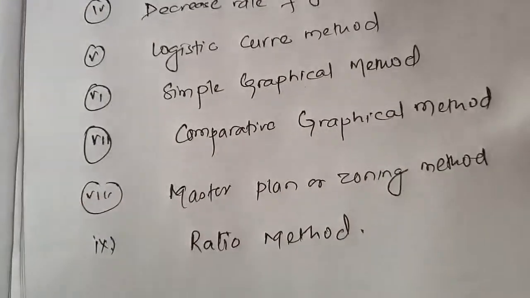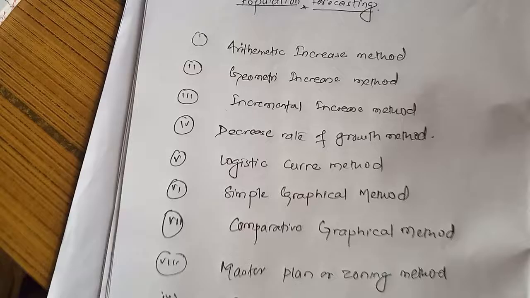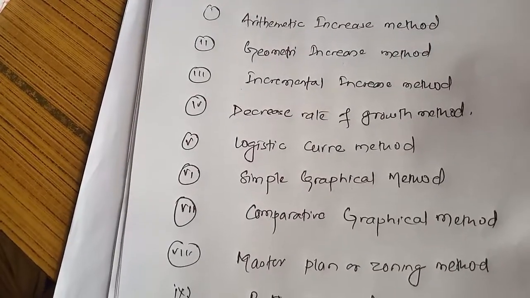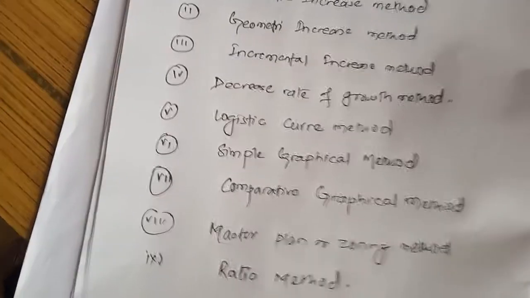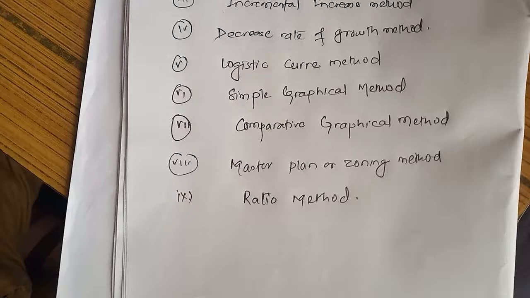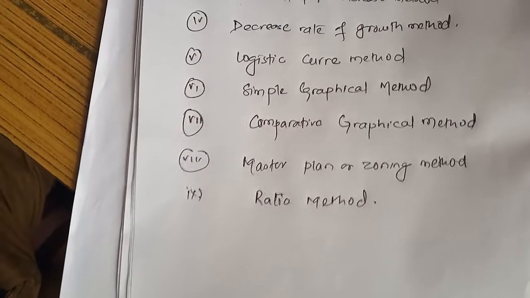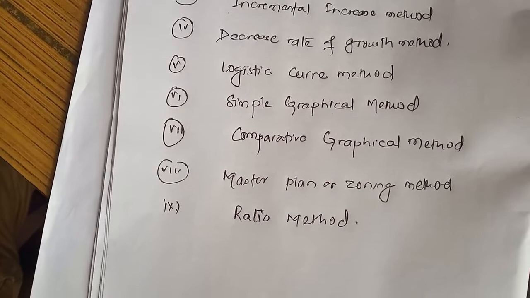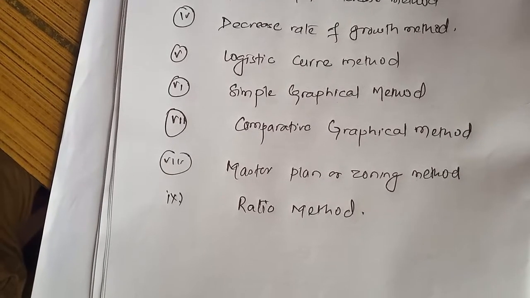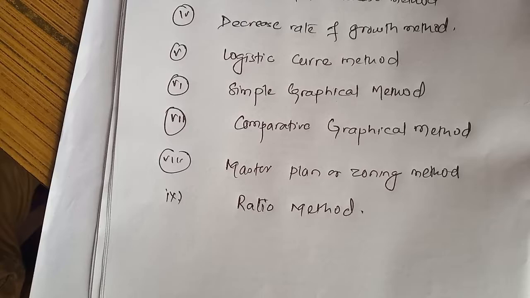So these are the methods of population forecasting for a water supply scheme in the design period. We need to assess the population of any locality for conducting any water supply project, because we need to fulfill the water demand for the entire population for the design year.